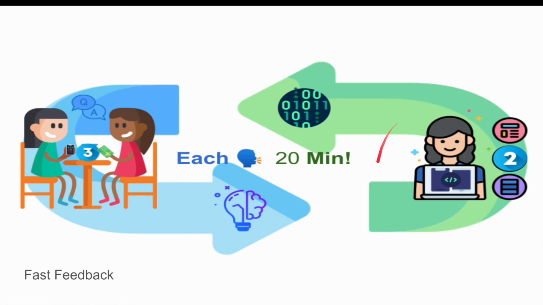So we have the developer who can rapidly build applications and push that out so that the customer can start using it. And here we can ask questions and get answers. And as we're going through the cycle of asking questions and getting answers, it generates ideas. And those ideas are coded up and pushed out so that the customer can see the next version, and we can ask more customers.